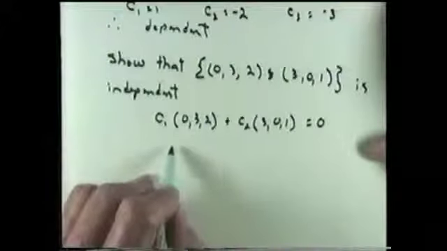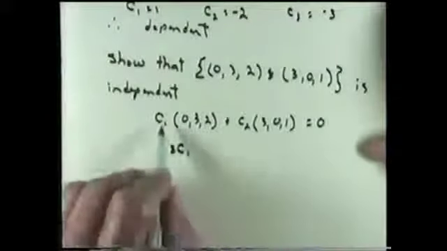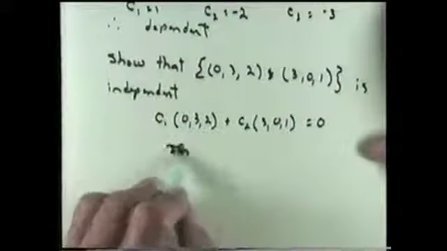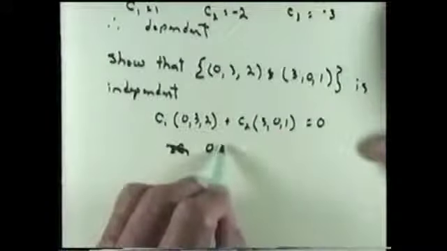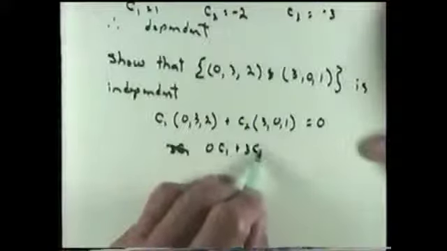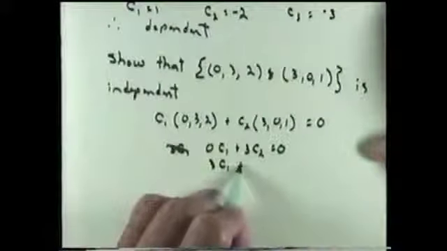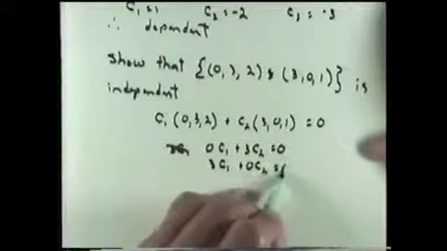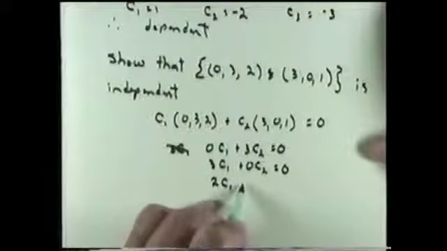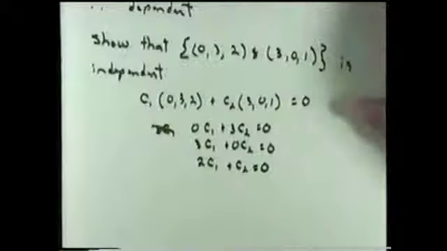Or I have, let me back up, this is going to be 0 C1 plus 3 C2 is equal to 0. 3 C1 plus 0 C2 is equal to 0. 2 C1 plus C2 is equal to 0.